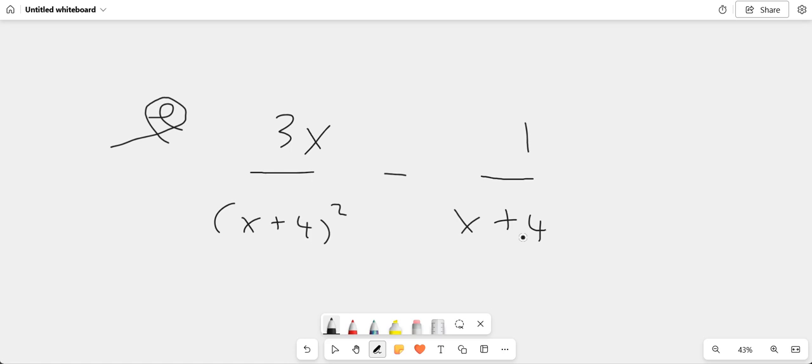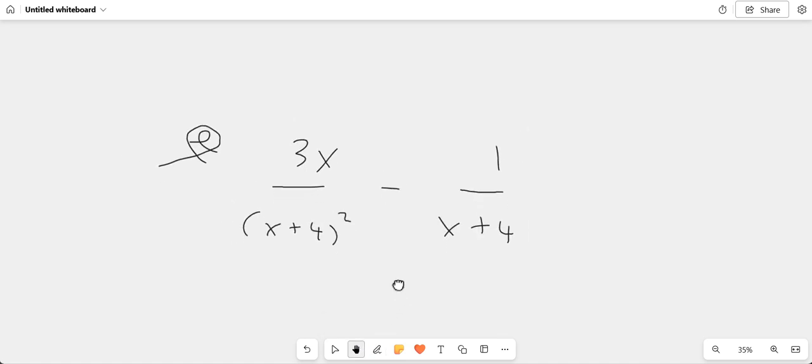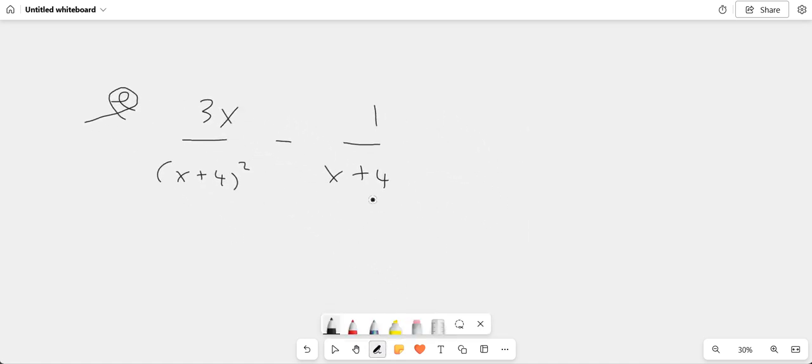So here it's another similar situation in that we don't have to cross multiply, because x plus 4 squared contains the other denominator, x plus 4. I just need to times the right hand side by another x plus 4, and that's going to make the denominators even. So times the right hand side by x plus 4, so we're going to get 3x over x plus 4 squared, yeah? And then minus the right hand side times x plus 4.